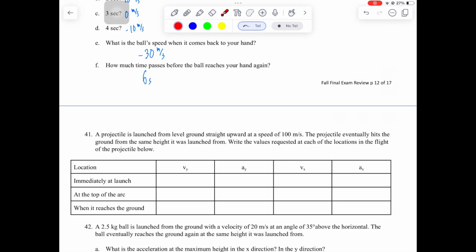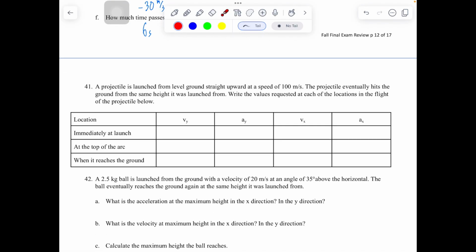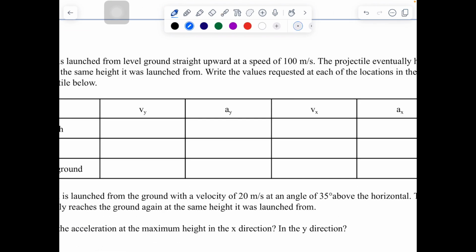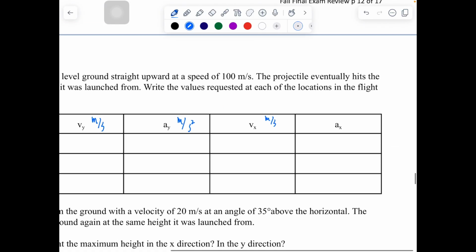Alright, another section. A projectile is launched from level ground straight upward with a speed of 100. The projectile eventually hits the ground from the same height it was launched from. Write the values requested. Accelerations are never changing. We will put our units for completeness. Meters per second squared, meters per second, and meters per second squared.